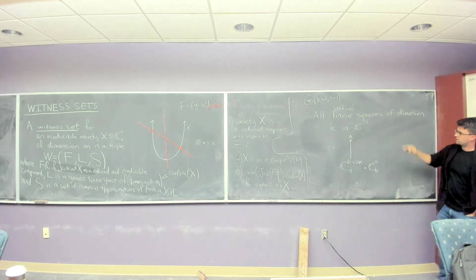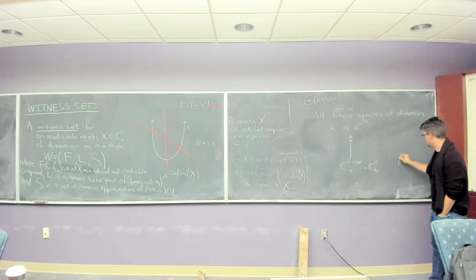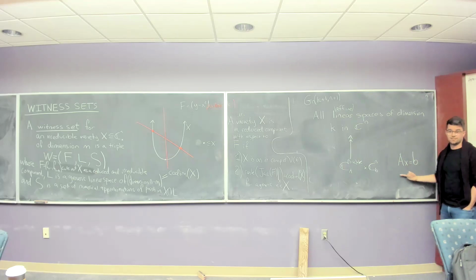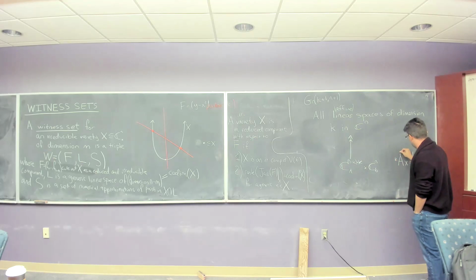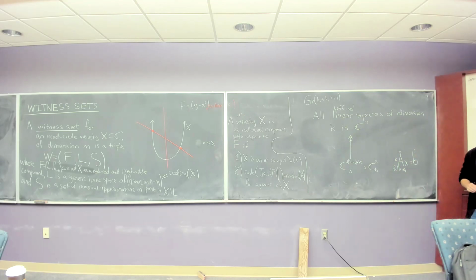If you don't like Grassmannians, that's fine. You do know that all such linear spaces are the solution sets to equations from linear algebra that look like this, where A is a k by n full rank matrix and b is an n-dimensional vector.